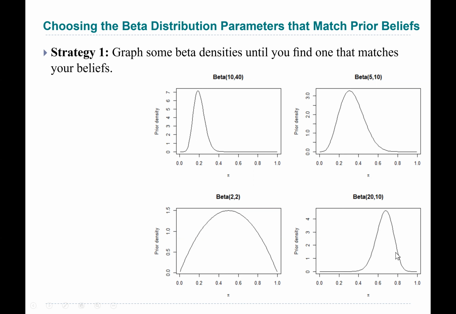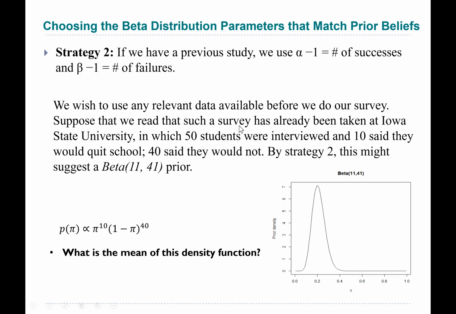This means you believe that the proportion of students who will quit school is very big, not small, like no way to be 0.10 or 0.30, something greater than 40%. So as a researcher, you think about these prior distributions and select one of them. If you don't like this way, you work with another strategy.